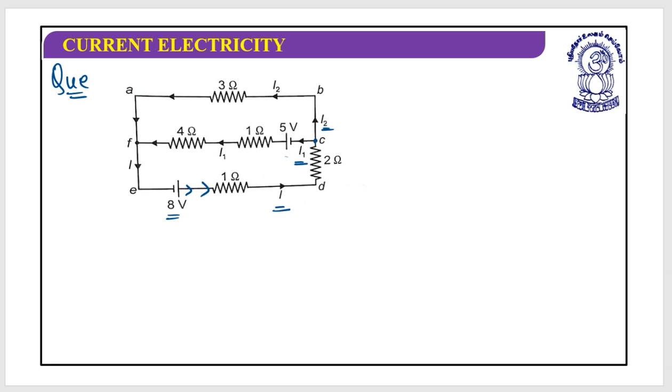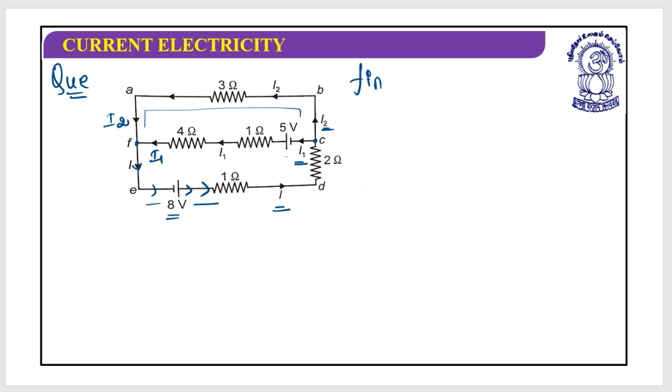I1 is moving in this direction, I2 is moving in this direction, and at point F they are again going to meet up. It's I1, it's I2, and from here again current I would be there. So I have divided the current in an appropriate manner.